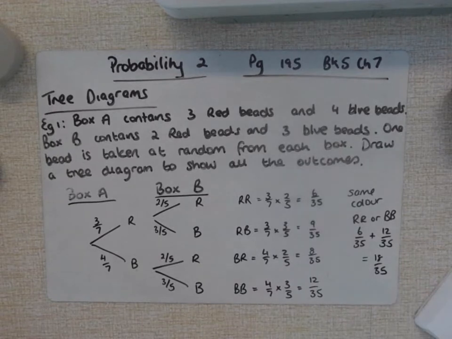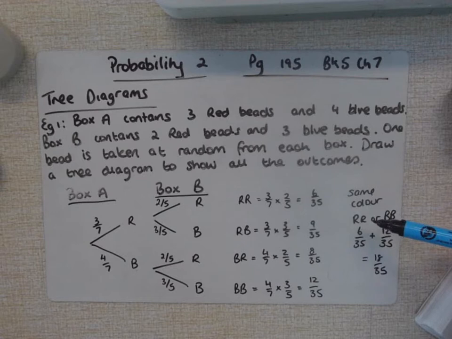You don't have to do a tree diagram unless they ask you to, but often it helps. Okay? You could have just done this by looking at the question and doing your multiplication rules. So if it was the same colour, we'd be saying red, red or blue, blue.